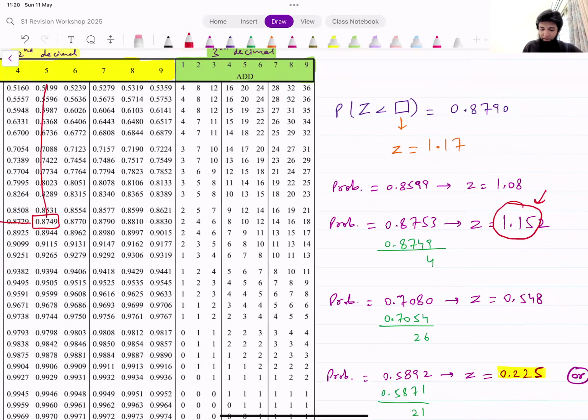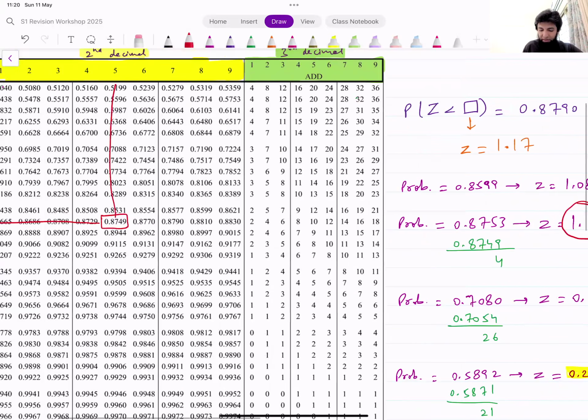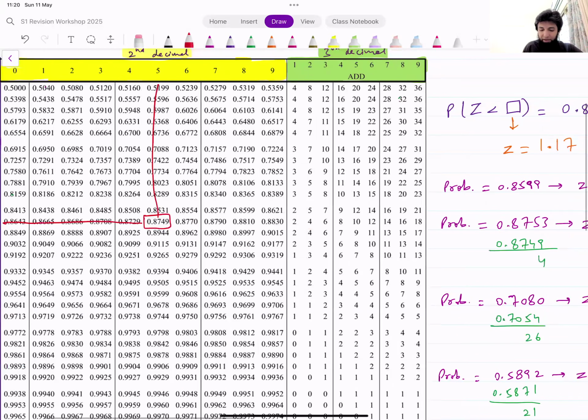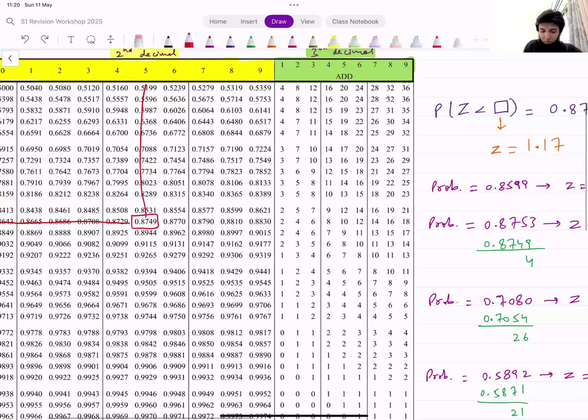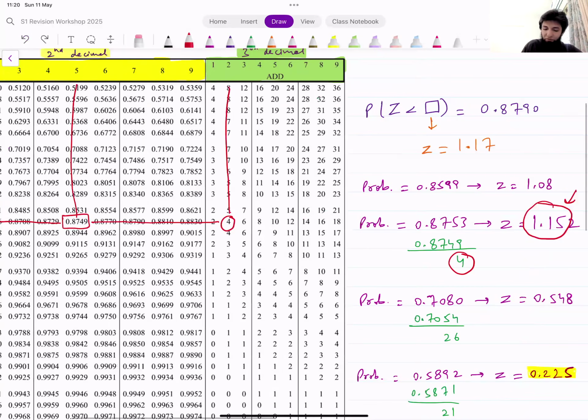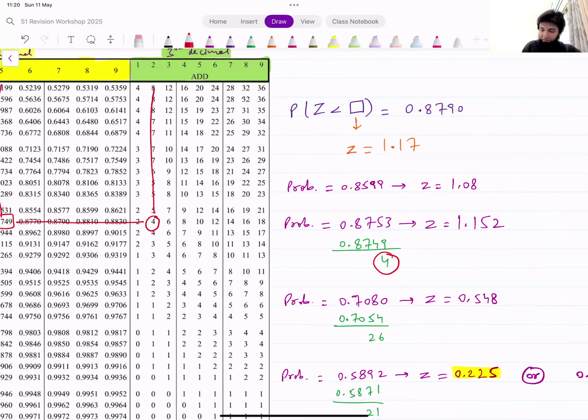But then you had 8753, and in the table you found 8749. What's the difference between them? 4. So that means you still need to add 4 more to this probability to get to the actual result. This 4 gives you the corresponding third decimal place of z. That's 2. So the z value turns out to be 1.152. That's the final z value that we've got.